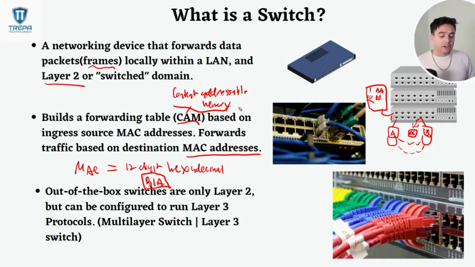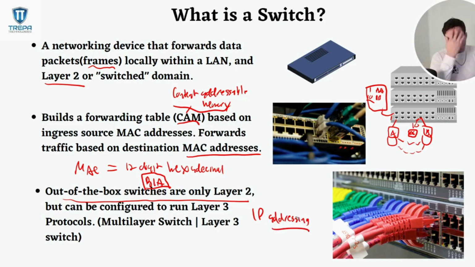Later on in our video series, we're going to dive deep into switching and switching concepts, and dive deep into the MAC address table and how a switch forwards frames for a MAC address it doesn't know about. And then out of the box, remember, switches are always layer 2, but a switch can also be configured to run layer 3 protocols or IP addressing.